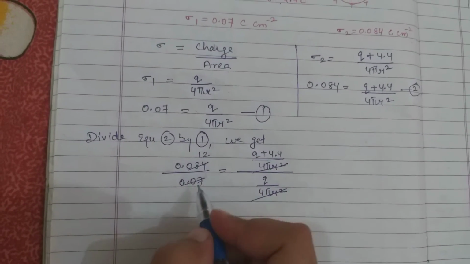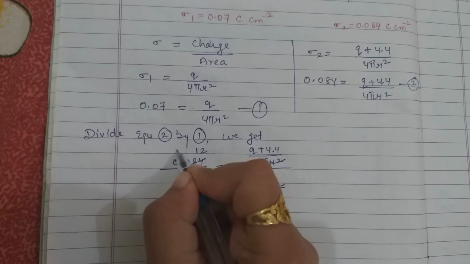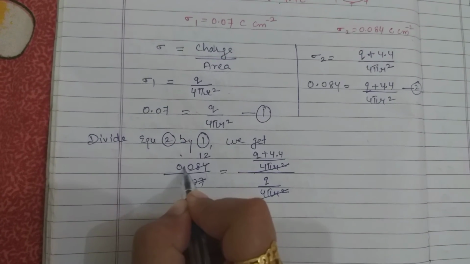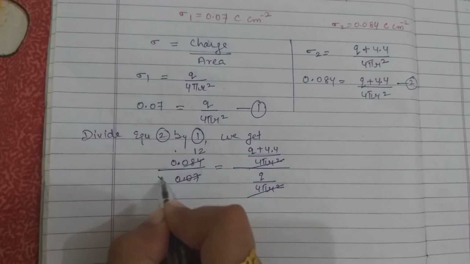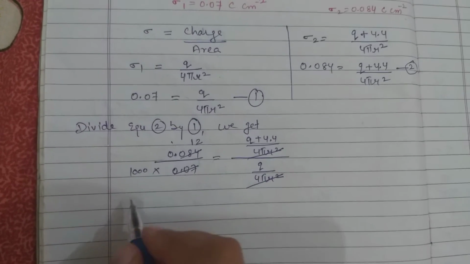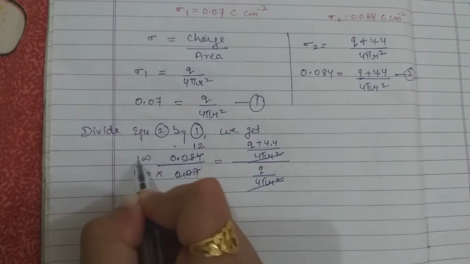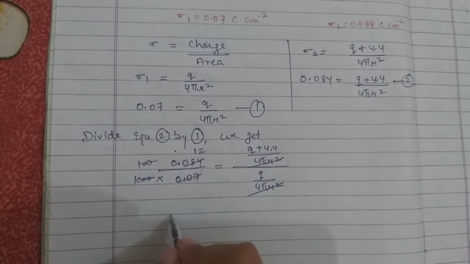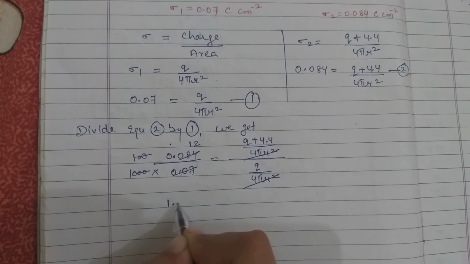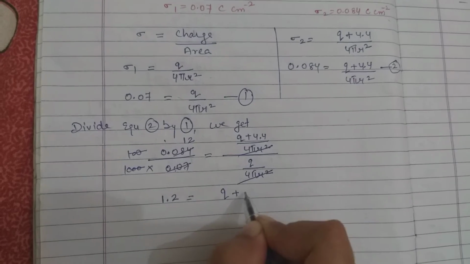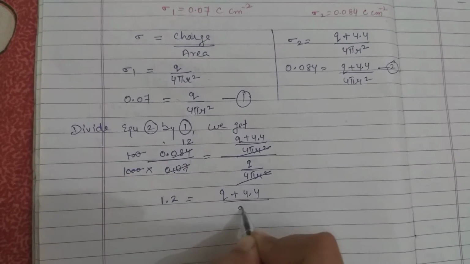Here we will get the term by eliminating the point. We have here the 1000 and here 100, so we will get 1.2, and on the right hand side q plus 4.4 upon q.